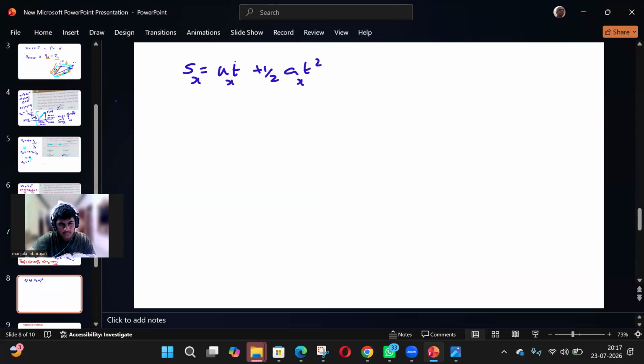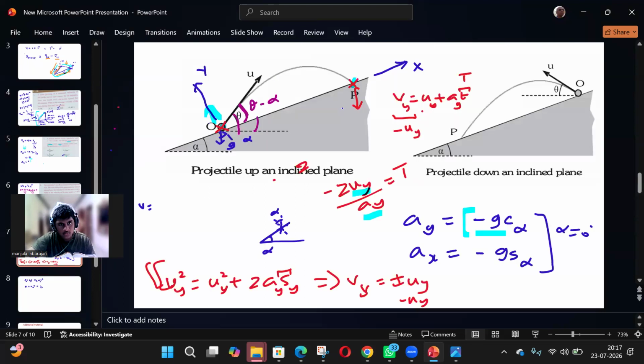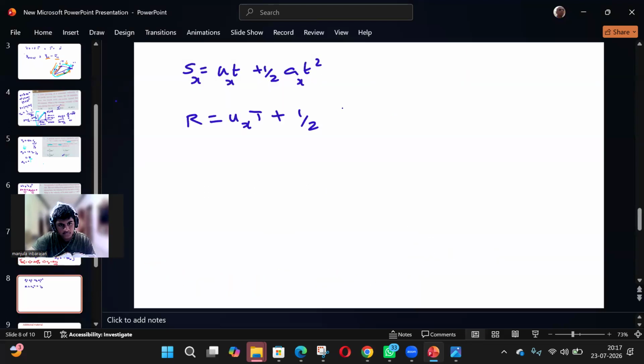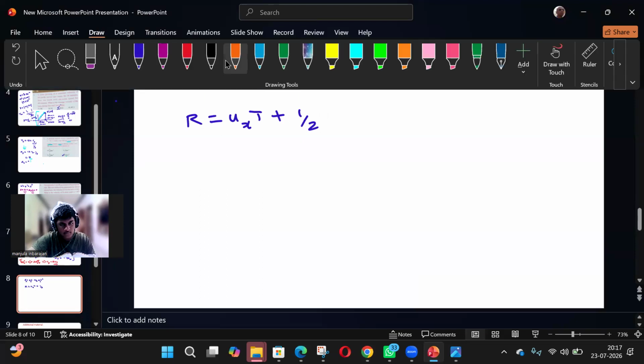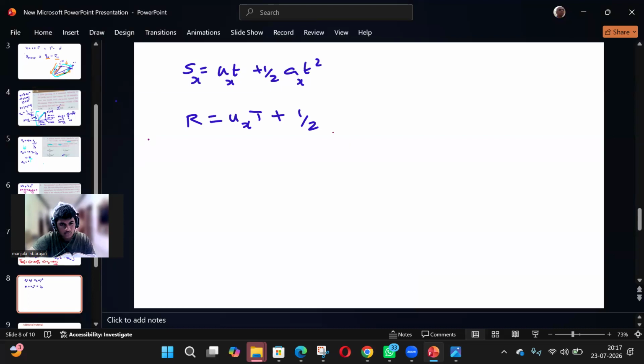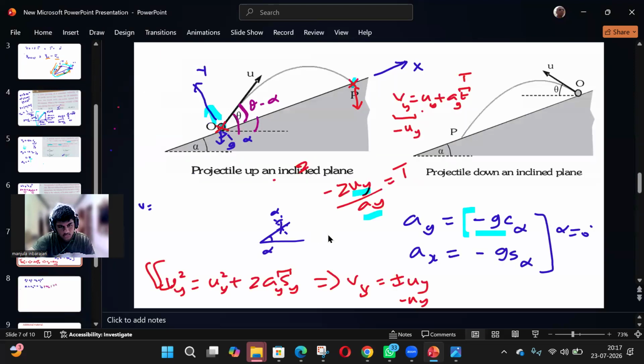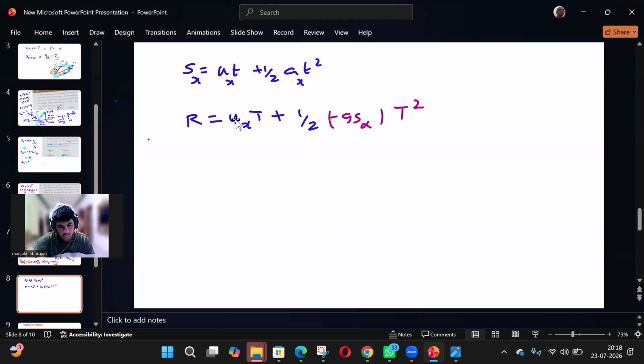So when I put t as the flight time, this will become the range. ux is known with the flight time, and then ax is minus g sine alpha, and the flight time t square. The flight time we just got the expression for. So using that and simplifying, we'll get the answer.